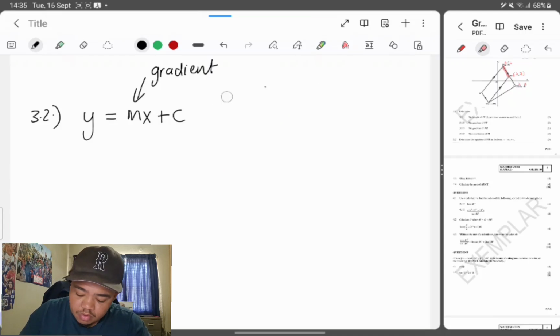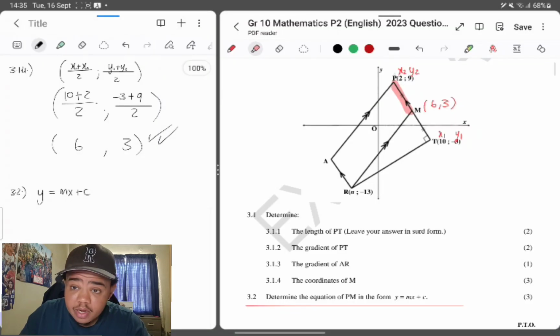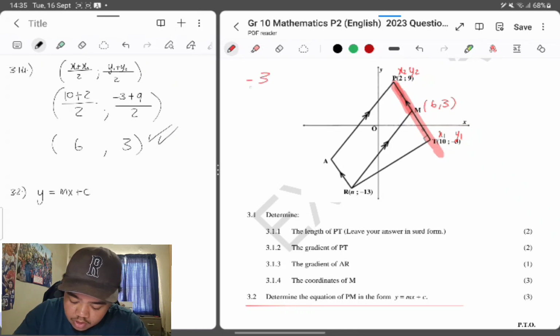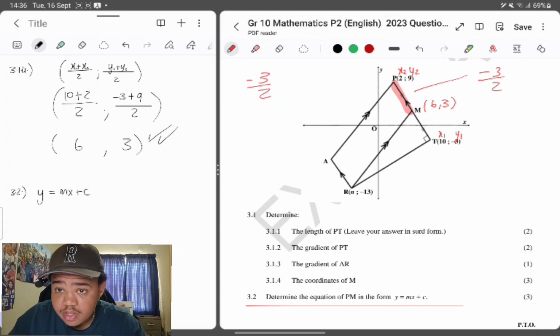In our case, we can work out the gradient of P and M, but you already worked it out, because the gradient of PT was negative 3 over 2. So the gradient for P to M should be exactly the same because they're on the same line, negative 3 over 2. But just to see that it's true, let's work it out.